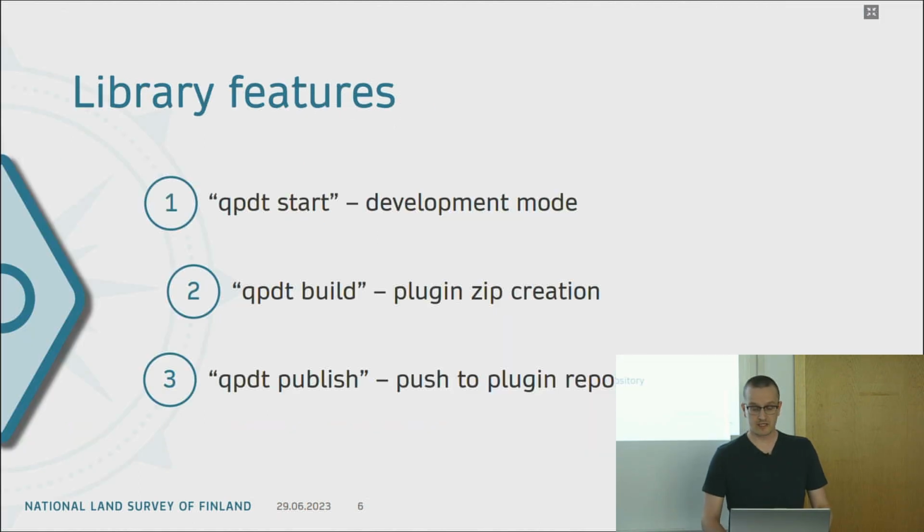And what it is, it's essentially three commands. There's a start command, which is the development mode. Then there's the build command, which is the plugin creation, and a publish command for when you push it to the QGIS plugin repository. So it has all three main features covered.